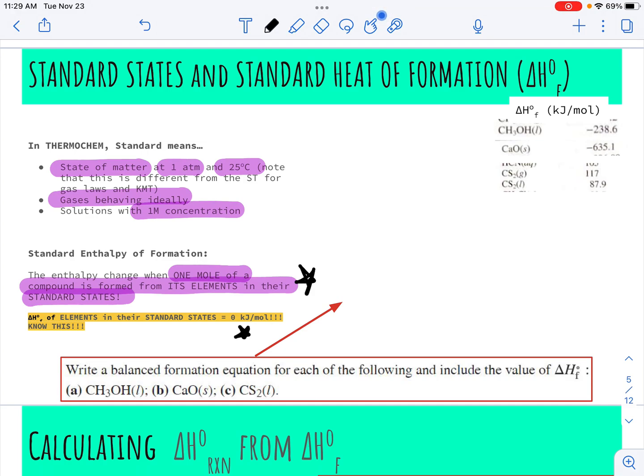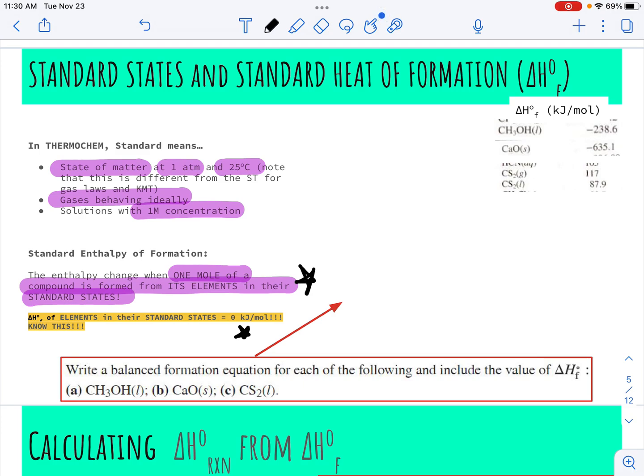You have to know that because you don't have a table of reference on the AP exam, and so they'll include what you need reference-wise in the questions, but they will never give you a standard heat of formation for an element. And I want you to picture that they really are reference, that if our elements are in their standard state, they should just be already formed. We shouldn't have to add energy to them or remove energy from them to make them form.